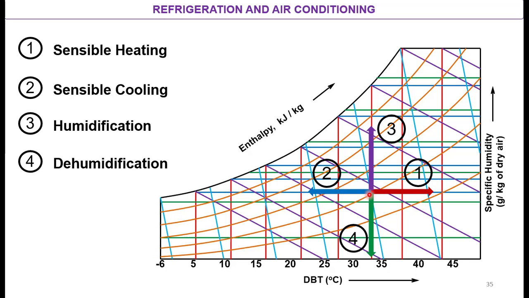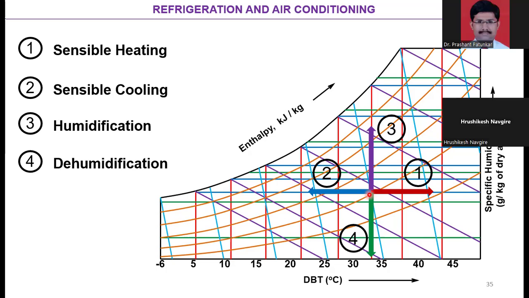So these are the two fundamental processes, sensible heating and cooling, and then two fundamental processes which deal with the change in the specific humidity, that is humidification and dehumidification. In heating and cooling processes, there is only a change in temperature, but no change in specific humidity. The moisture content of the air does not change.